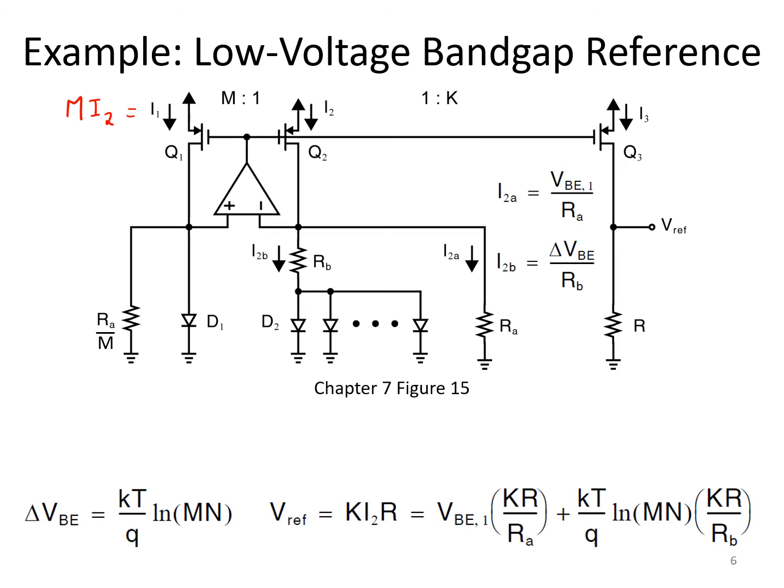Okay, the second thing we want to recognize here is that D1 is either a simple PN junction or perhaps a diode connected BJT. In either case, let's call the forward voltage drop across it VBE1, because it's certainly got some portion of I1 flowing through it in the forward direction. So this will be in the neighborhood of 0.7 volts, of course.